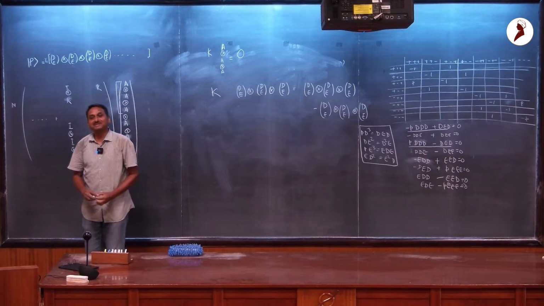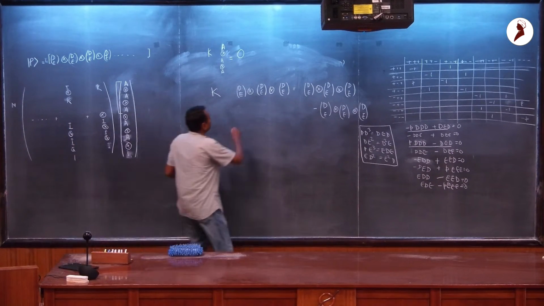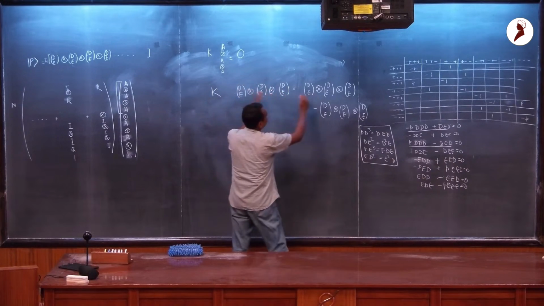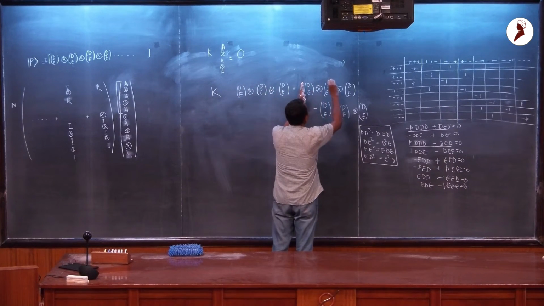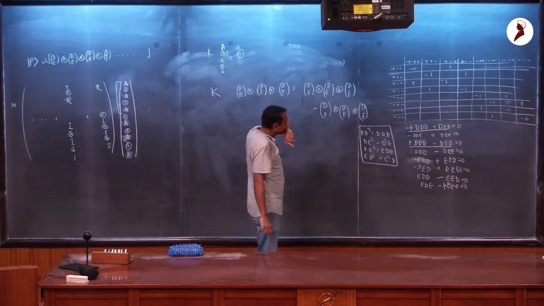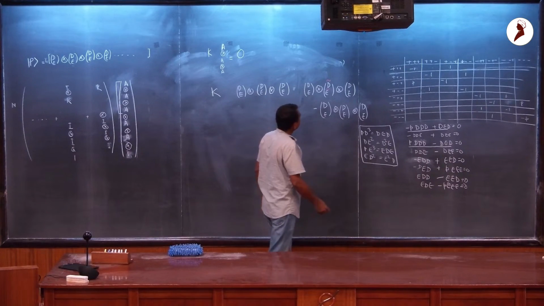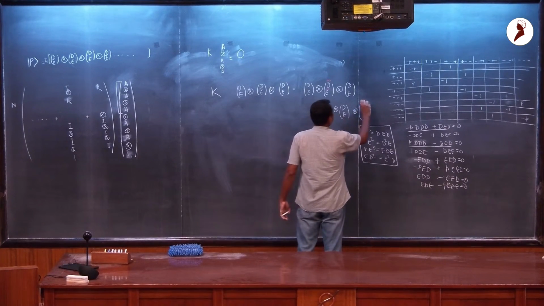I will introduce new matrices. What I do is that K times this equal to this times this. And now I will put a tilde here.